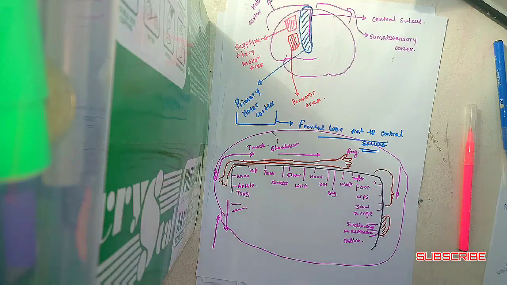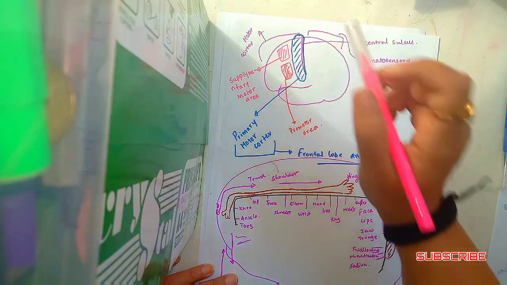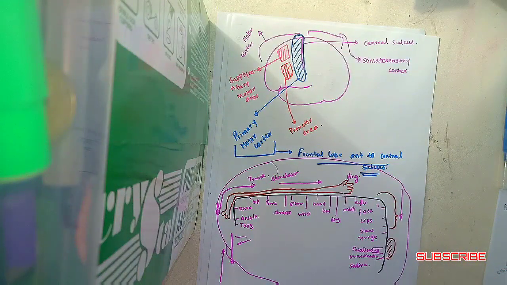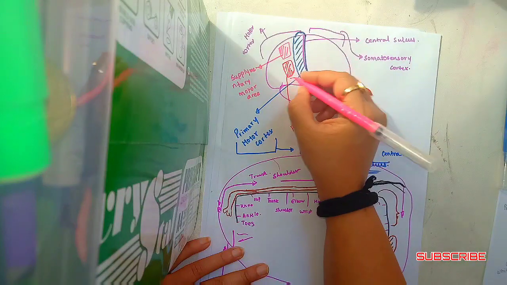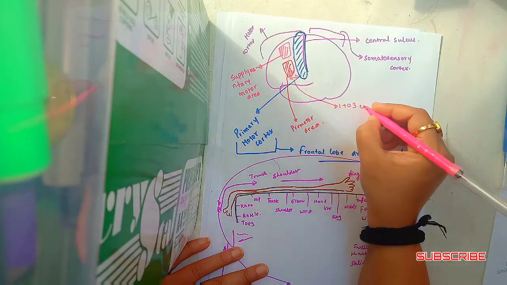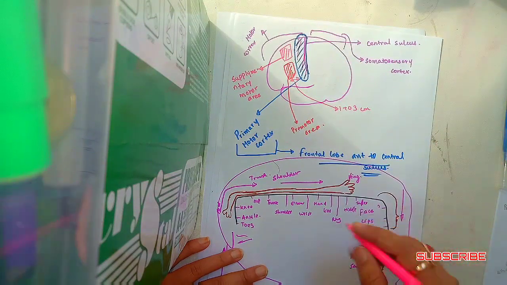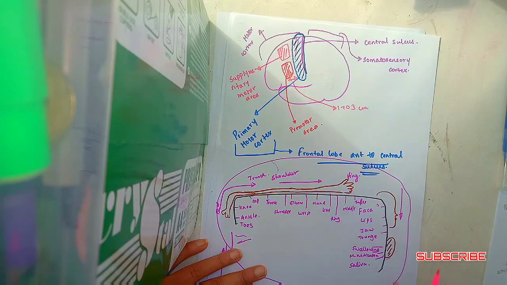Now you can see the premotor area. It is 1 to 3 centimeters anterior to the primary motor cortex.